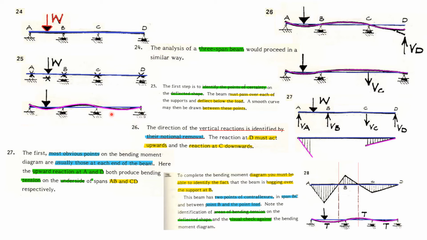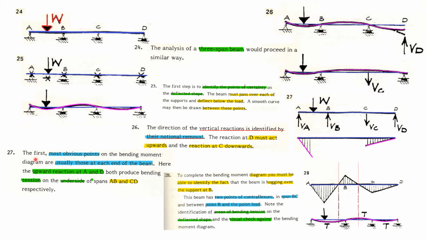If I remove it, what will happen? It will come like this, so we have to push it up. So the reaction at D must act upwards, and this, if it will come like this, should come downward. VC, reaction C, acts downwards.